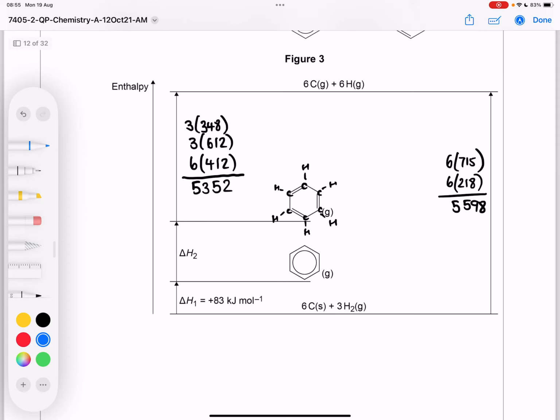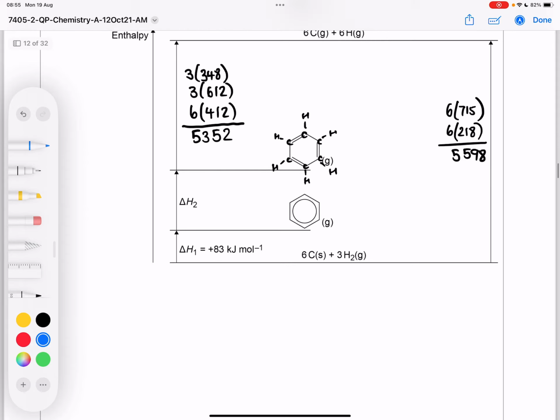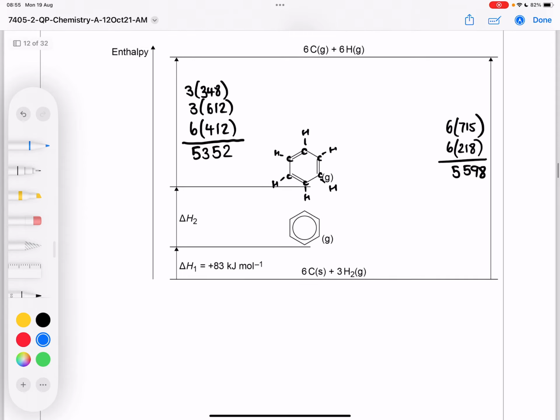We want delta H2. So there's a couple of ways you could do this. If you look at this diagram, there's an obvious kind of quantity to it to say that the left-hand side and the right-hand side must be equal. So you could do it this way: 5,352 plus delta H2 plus 83.